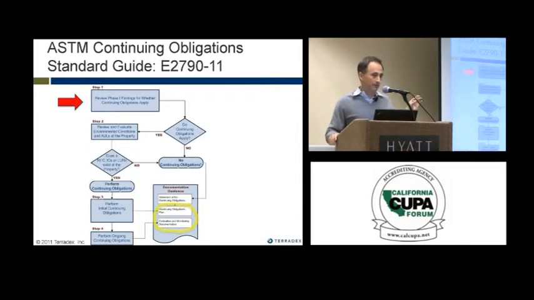Both the Brownfield amendments and this continuing obligations guide recognize that there's a role, and they try to stress that there should be a role, for the private party who either used to own or owns the site. So the idea is, don't rely on government. You have certain obligations to comply with institutional controls or otherwise manage releases in a responsible way, because if you don't, then you potentially could be liable for whatever cleanup costs are there.